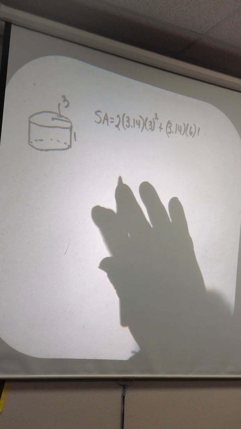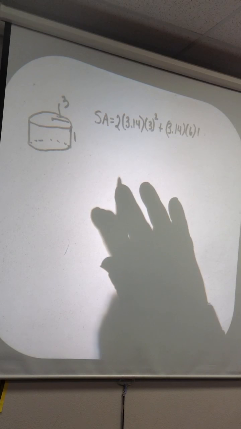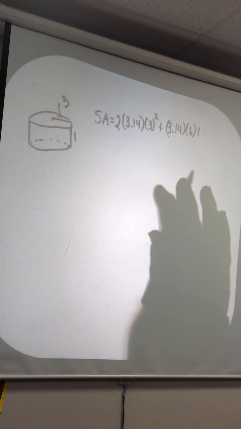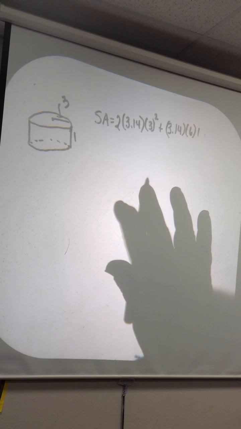All right, so we're on the right track. Now, you might not get the right answer because you didn't manipulate the numbers correctly. I do that all the time. But if you've got this far, you're on the right track.